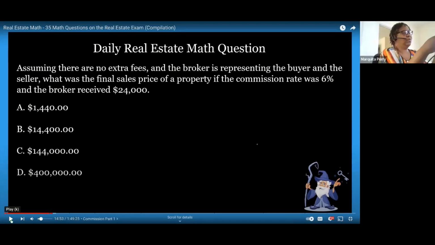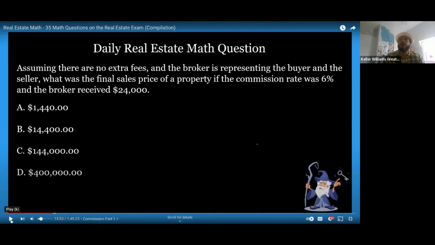I think it's 24,000 divided by 0.06. Yeah, that would be correct. So yeah, 24,000 divided by 0.06 will give you the total amount, which is D, 400,000.